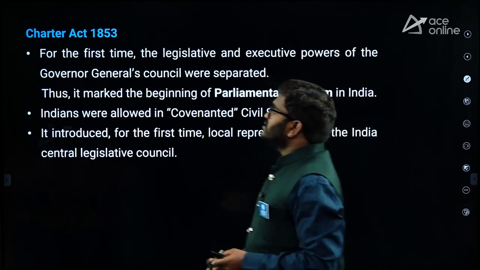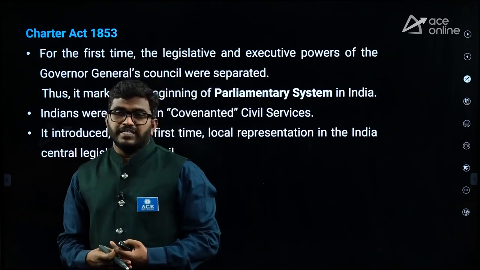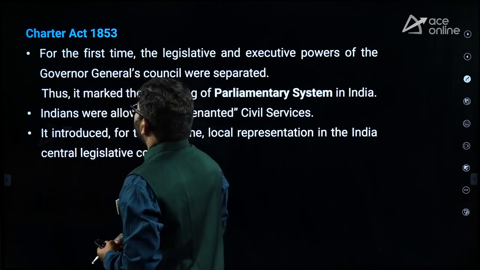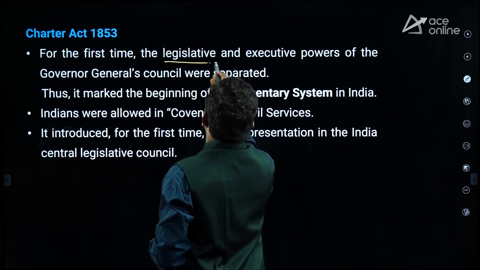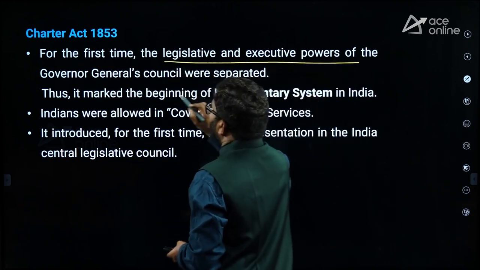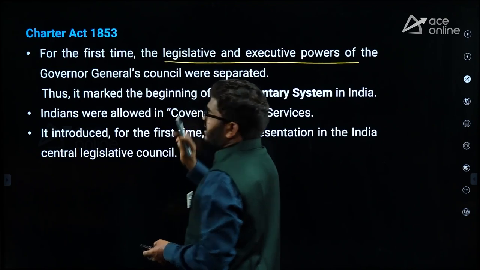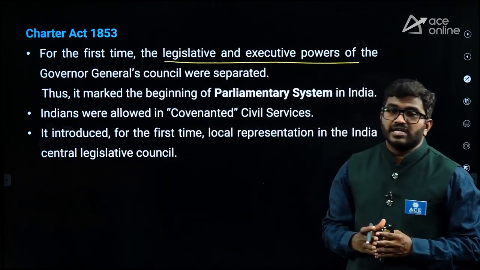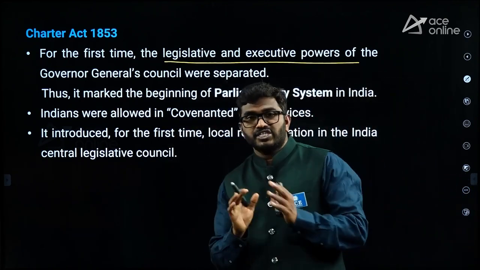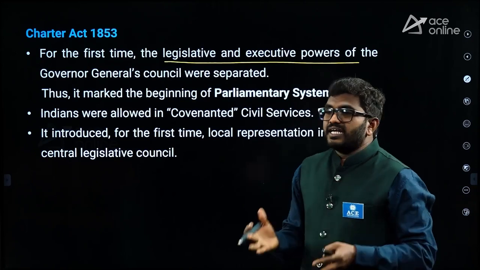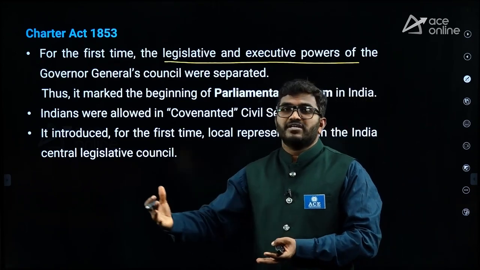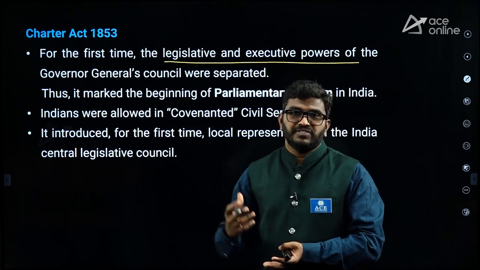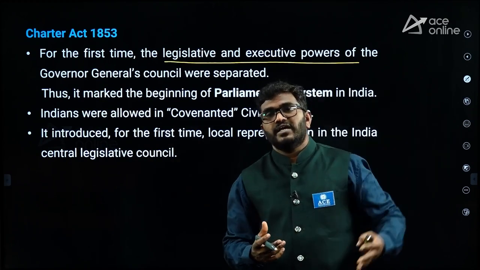And one more, the Chartered Act 1853. For the first time, the legislative and executive powers of the Governor General's Council were separated. Generally, at this time, executive powers are vested in the IAS and IPS officers, and legislative powers are for the MLAs and MPs.